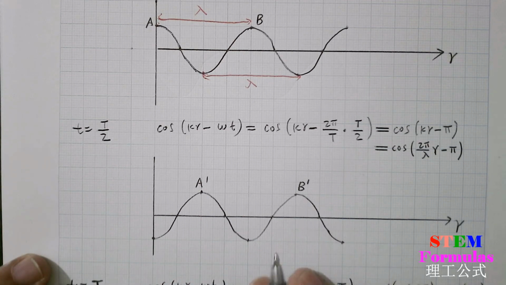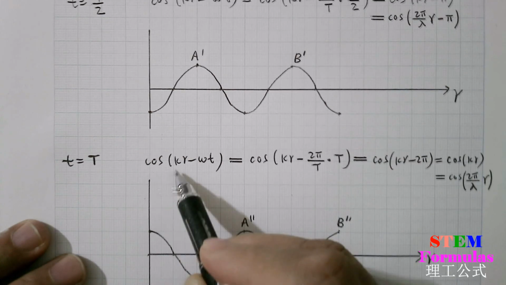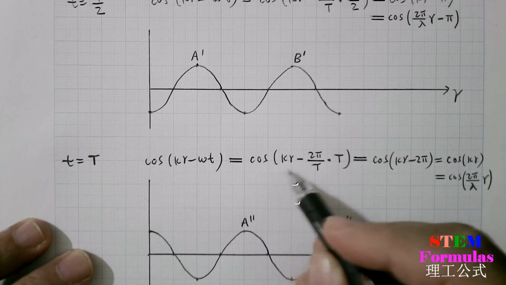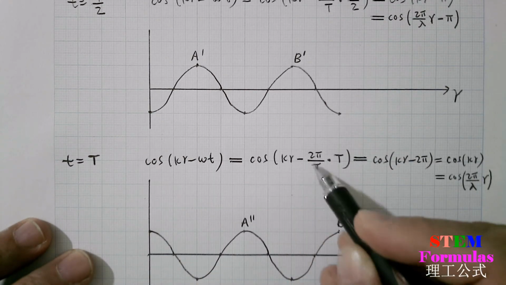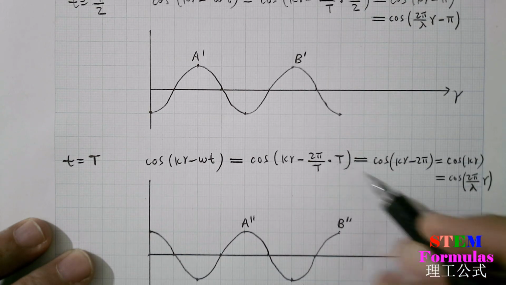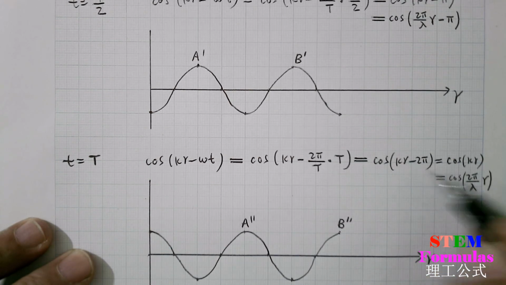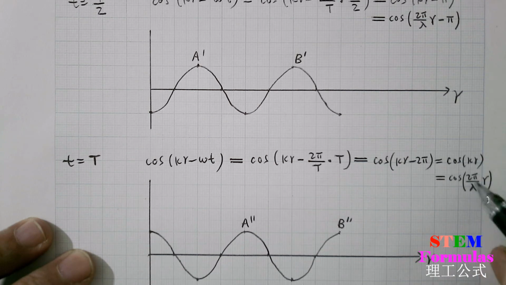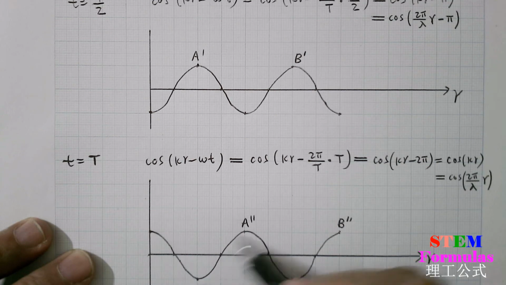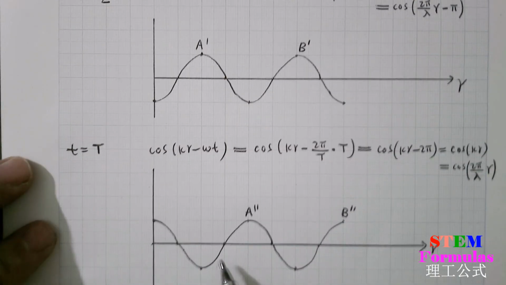Now, if I plot another time, at time equal to the period, cosine k r minus omega t equal cosine k r minus 2 pi divided by T times T, equal to cosine k r minus 2 pi, and this minus 2 pi equals cosine k r, so equal to cosine 2 pi divided by lambda times r. So I have this waveform, and it is the same as at t equal to 0.